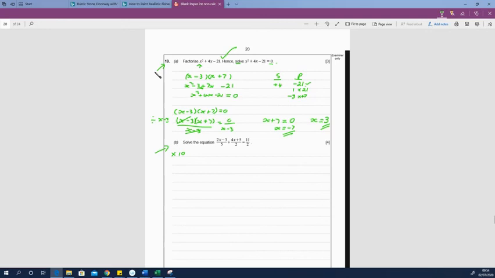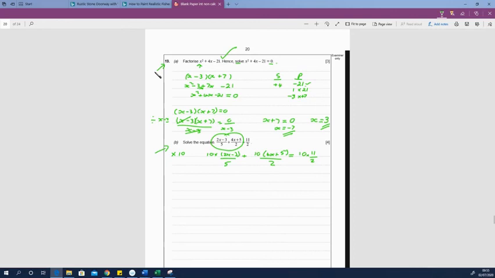So if I multiply this side of the equation first by 10, so 10 times 2x minus 3 over 5 plus 10 times 4x plus 5 over 2. It's got to equal 10 times 11 over 2.